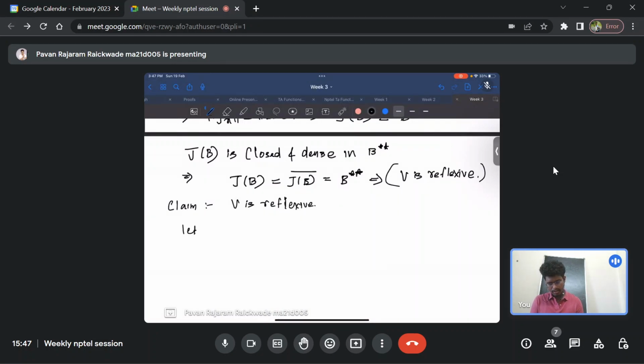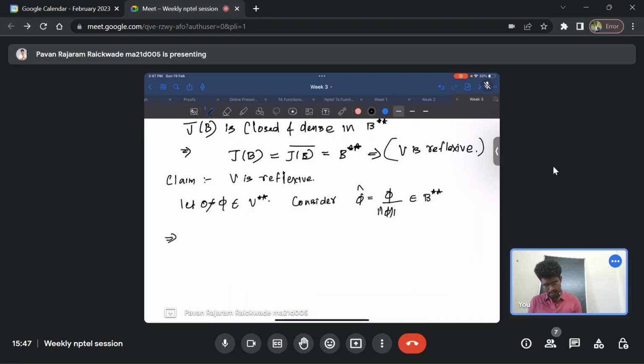Let any phi belong to V star star. Consider phi hat to be phi upon norm phi, which is non-zero. So this phi hat belongs to B star star, correct?